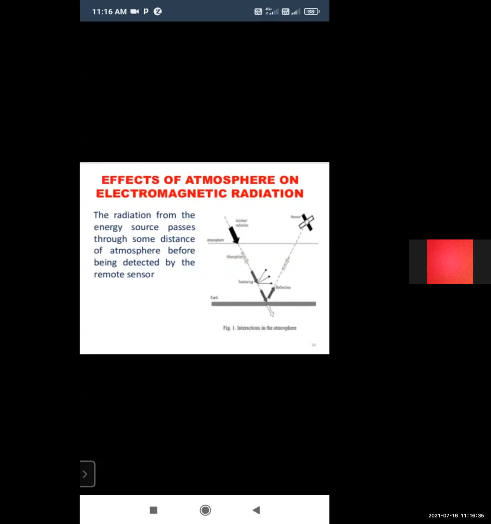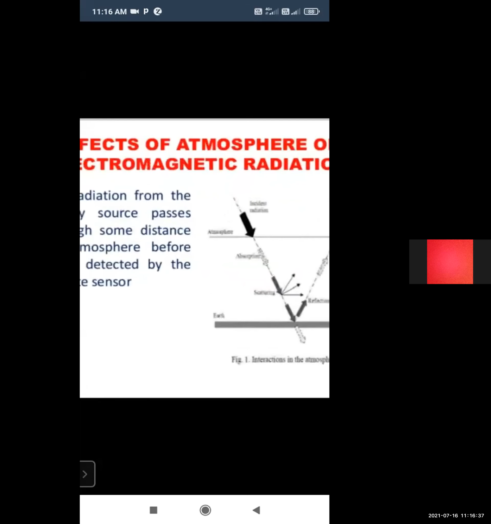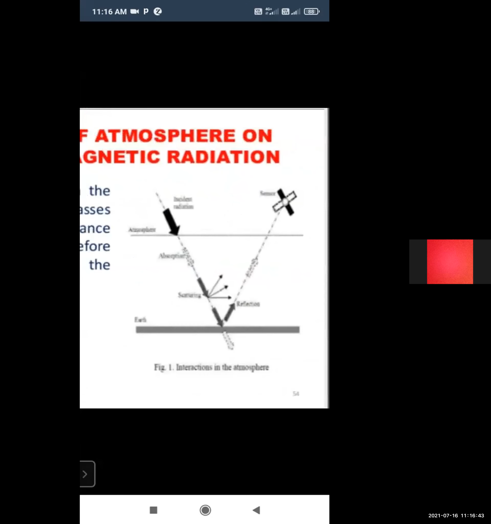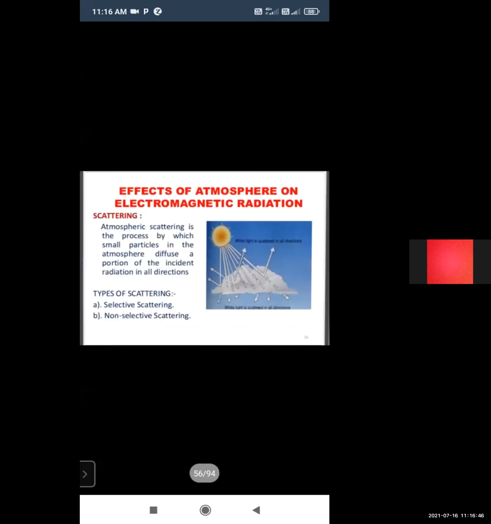Effect of the atmosphere on electromagnetic radiation. So what is the effect? The radiation from the energy source passes through some distance of atmosphere before being detected by the remote sensor. Electromagnetic radiation interacts with our atmosphere, and the scattering process occurs.